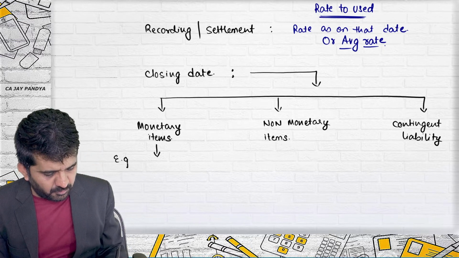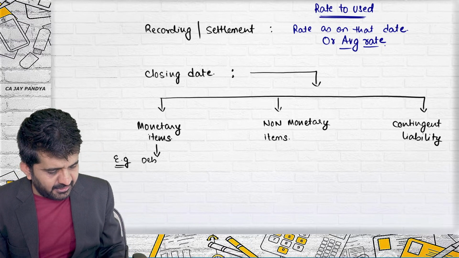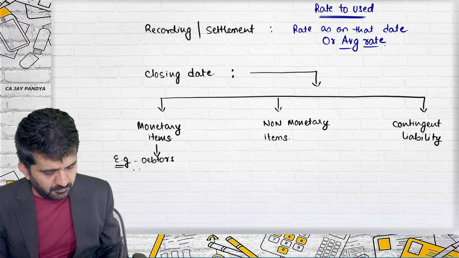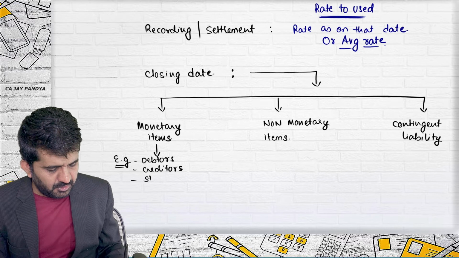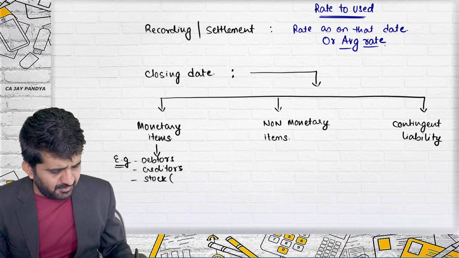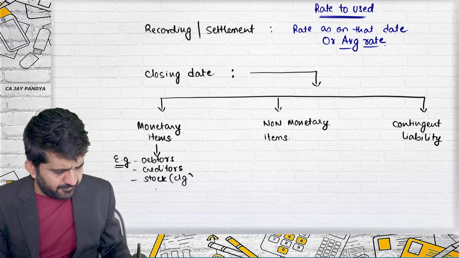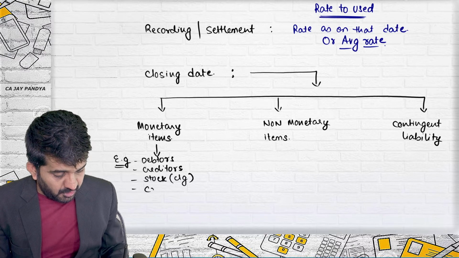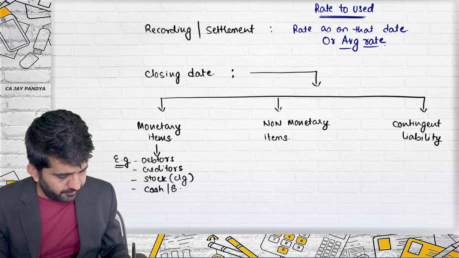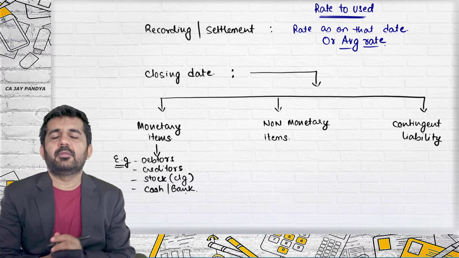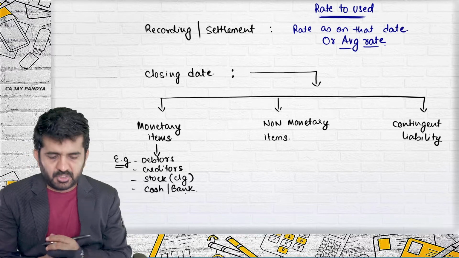The examples are debtors, creditors, closing stock, cash itself. These are monetary items.